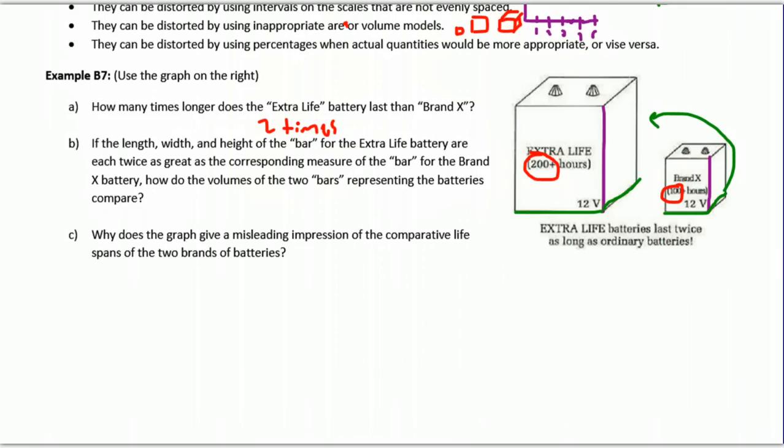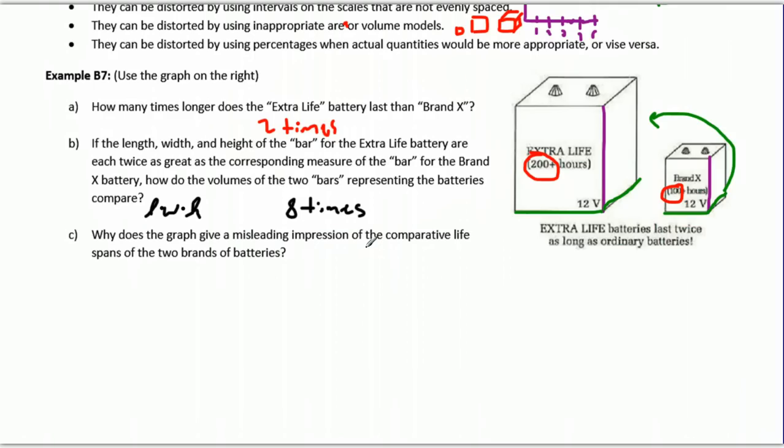And when you do volume, you do length times width times height. If the length doubles and the width doubles and the height doubles, 2 times 2 times 2 would be 8 times as big.